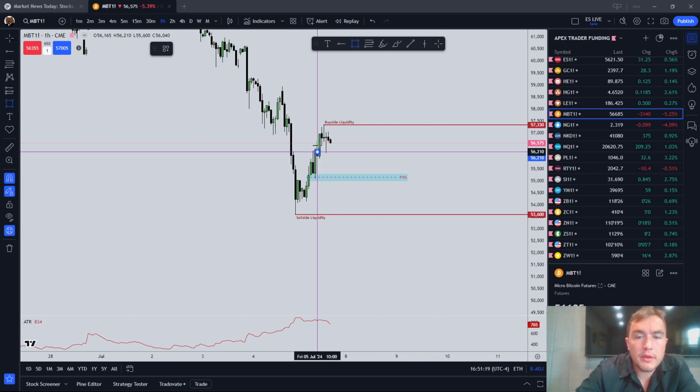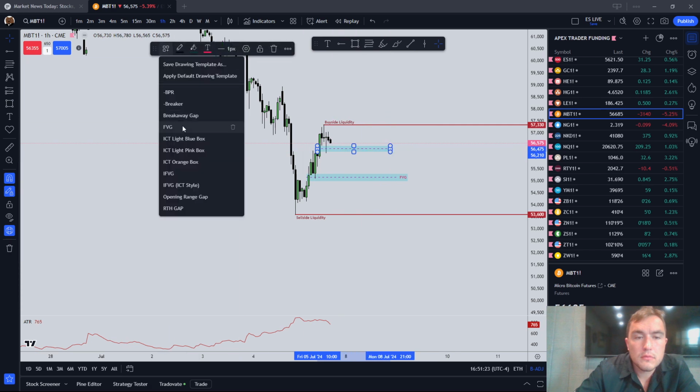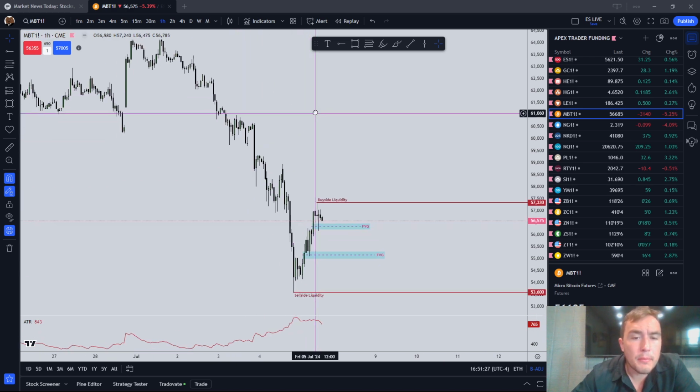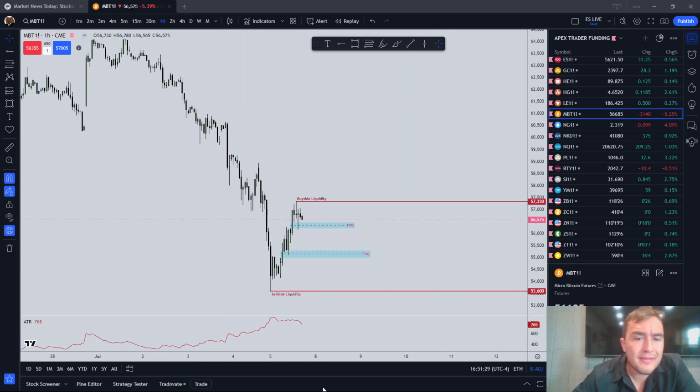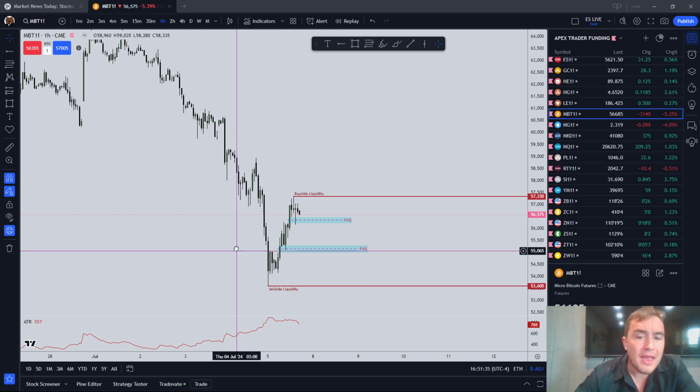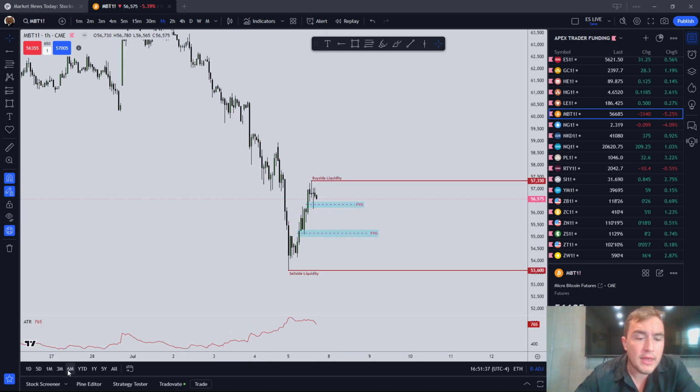And we have one here. Done and done, guys. So here we've marked up a Bitcoin chart using ICT style trading. We know where our buy side liquidity is. We know where our sell side liquidity is. And we've marked out two fair value gaps within the liquidity. So again, this is a basic ICT chart drawing.